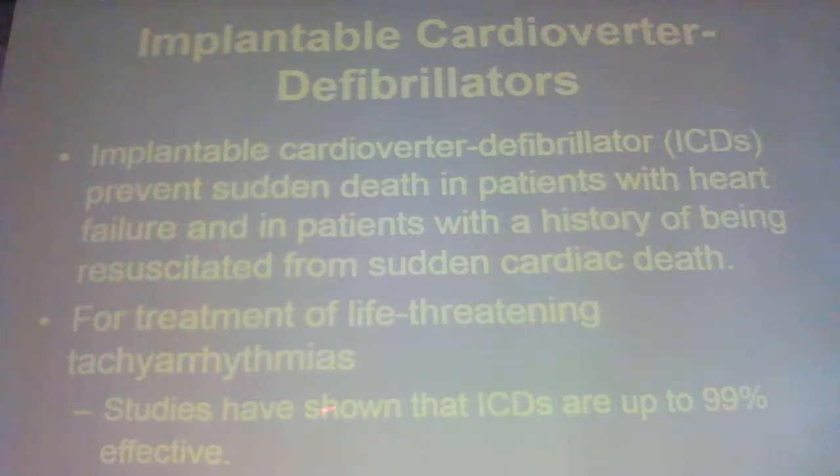It says that studies have shown that they're up to 99% effective. So if we get a patient and they say their defibrillator's gone off, we put them on our monitor and do all our stuff, and they run into VTAC, what are we gonna do? Let their thing take care of it, right?